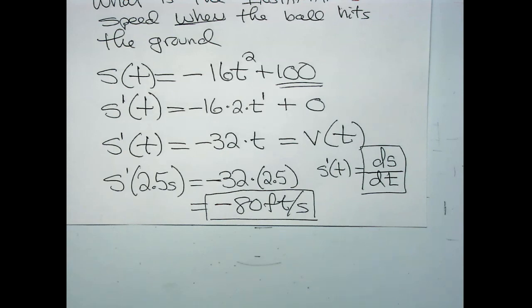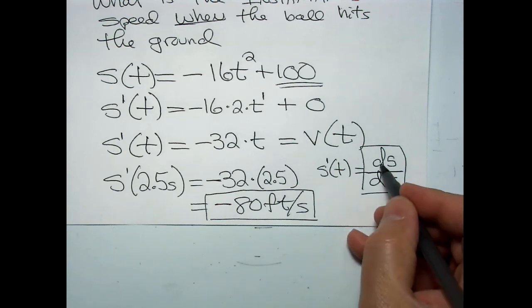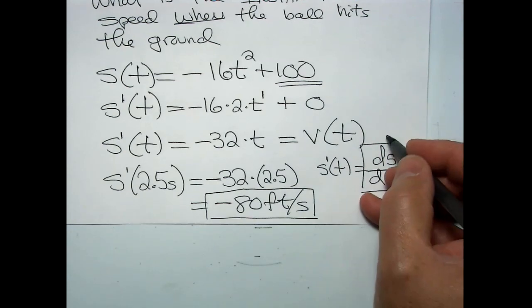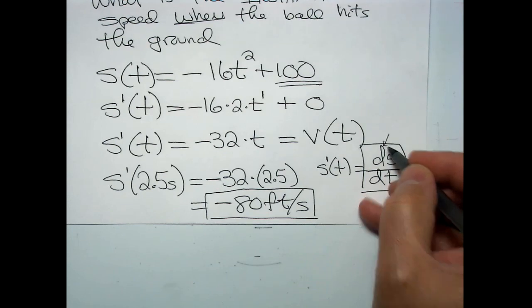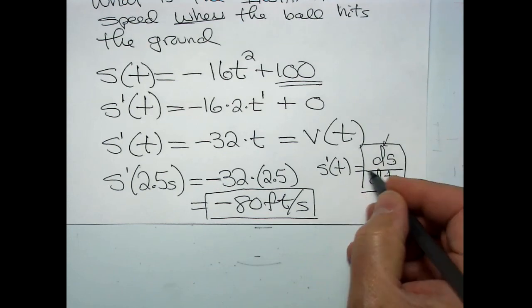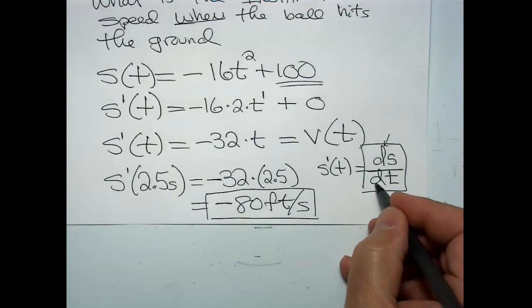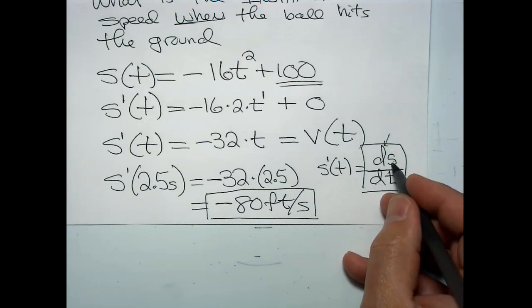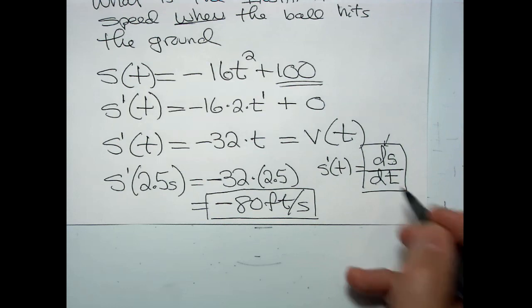And that makes a lot of sense because it's a rate of change. Here's what it says: how does position change with respect to how time changes? It's a change in position relating to a change in time. And of course, that's speed.